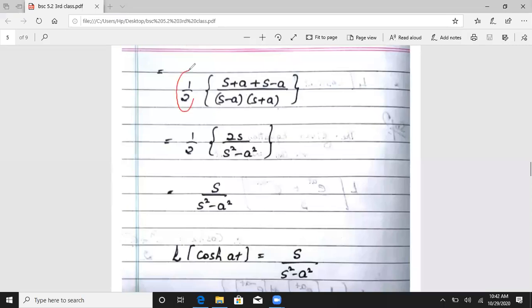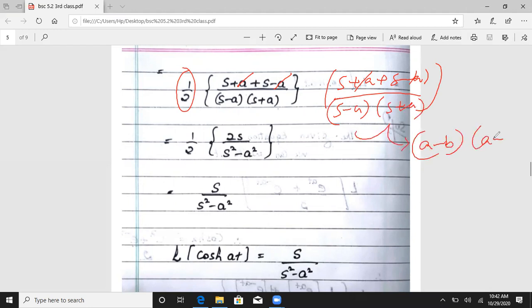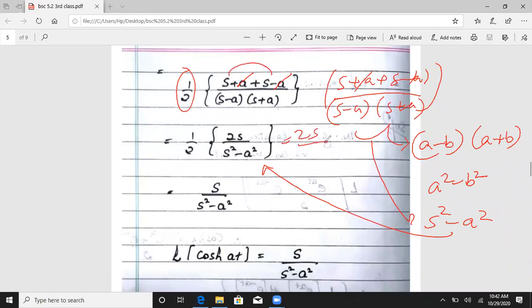The constant 1 by 2 stays, and in the numerator s plus a plus s minus a, the plus a and minus a cancel. In the denominator, s minus a into s plus a is a minus b into a plus b, which is a square minus b square, so we get s square minus a square. Then we get 2s divided by s square minus a square, and the 2 and the 1 by 2 cancel.